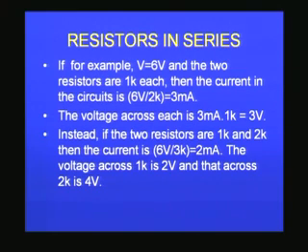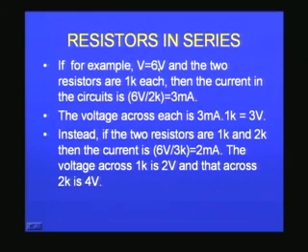Now, I will try to explain to you with a typical example with numbers. Let us assume that we have a voltage source V of 6 volts, and the two resistors, let them be 1000 ohms each, or 1 K, as I have shown here. Then the total current in the circuit is given by voltage divided by total resistance.